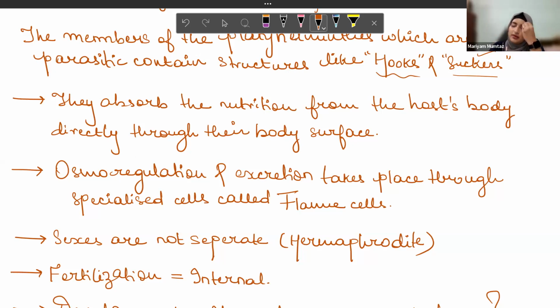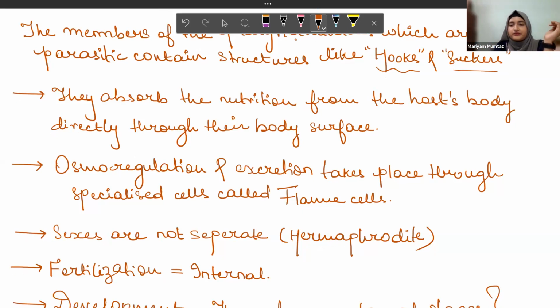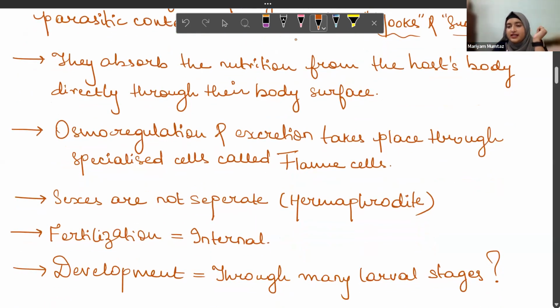They don't even use their mouth. They don't have a mouth like that, but they use their whole body to derive nutrition, particularly exploiting the host at all costs. So they have hooks and suckers present, and their whole body surface is used for the absorption of nutrients.